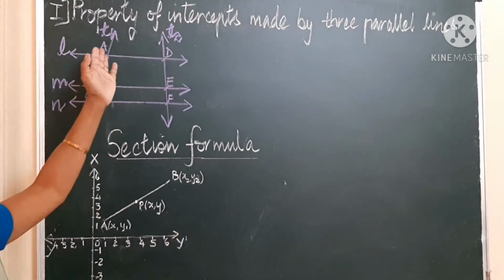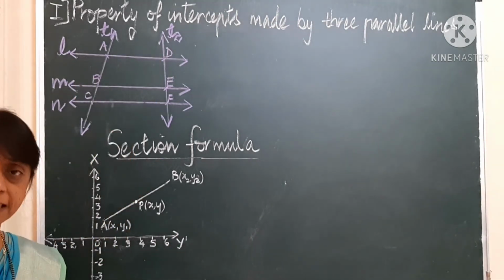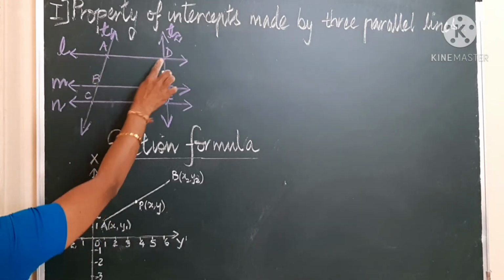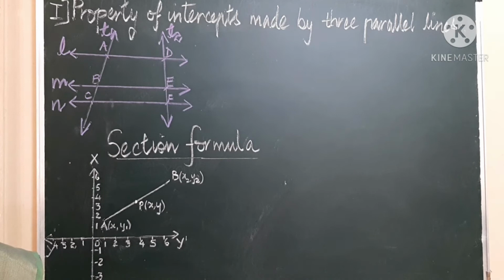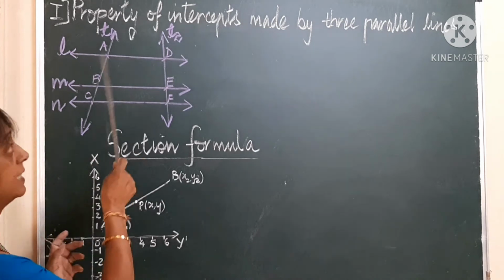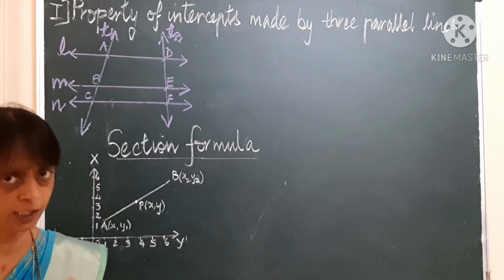And what is the property of intercepts made by these three parallel lines? It states that the ratio of the intercepts made by two transversals, irrespective, children, the transversals can be parallel or, as you can see, they are non-parallel. Then what is the property?